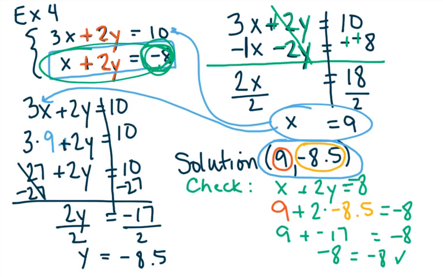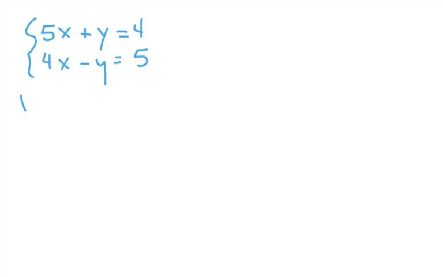I would like for you to go to the Google form and complete the questions that you see there. On the Google form, I will ask you what the solution to the system 5x plus y equals 4 and 4x minus y equals 5 is.